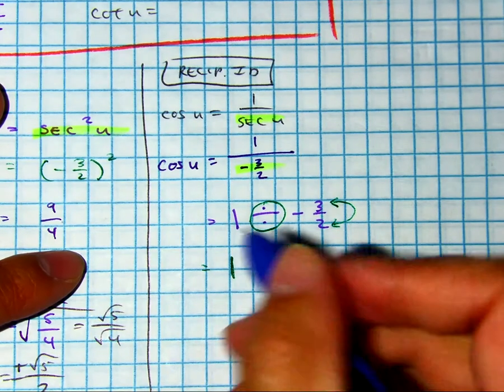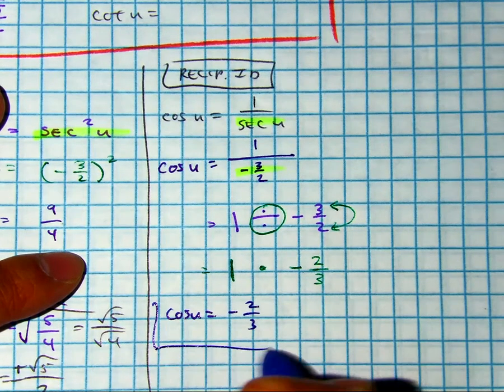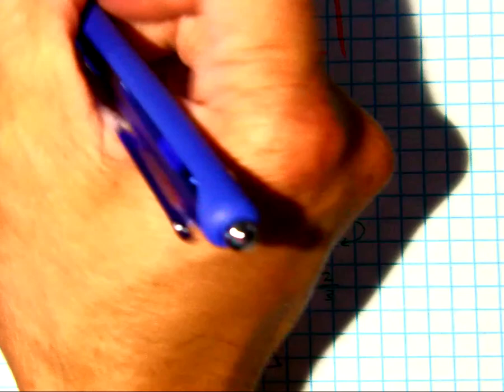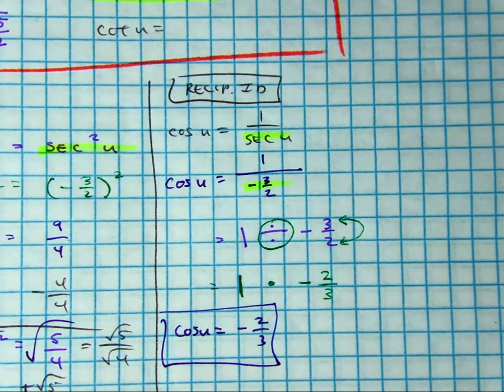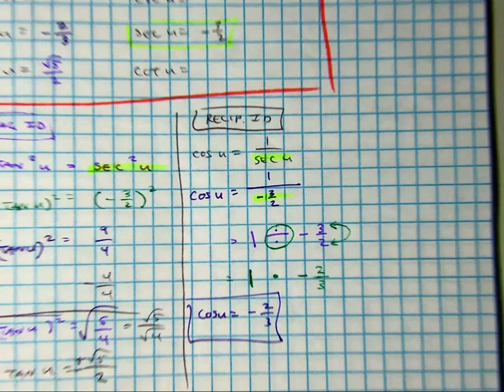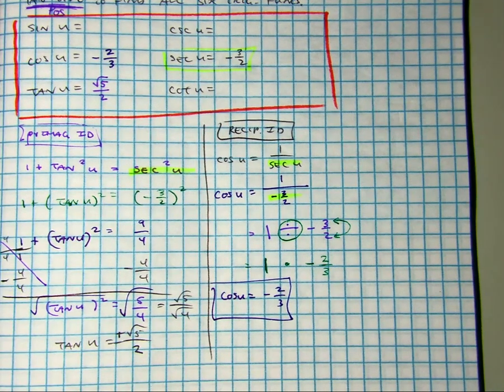Therefore, cosine is equal to negative 2/3. Let's put that up here. Alright, what can we find next?